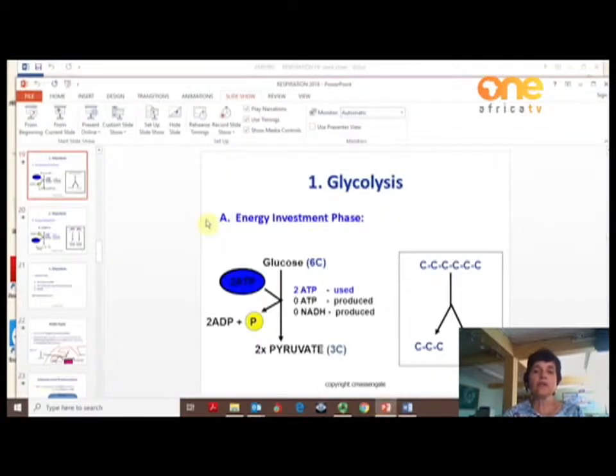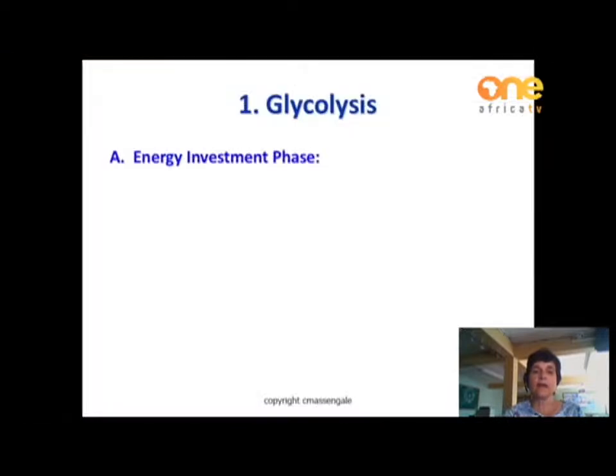We are going to look at it stepwise. And yes, the first process is glycolysis. The moment when you see the word lysis, we know it is the breaking down of something. It is a chemical reaction that is taking place.